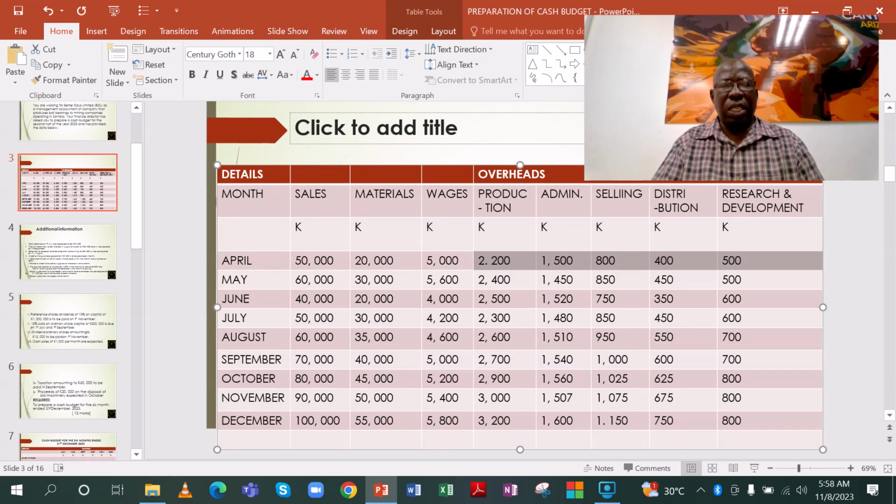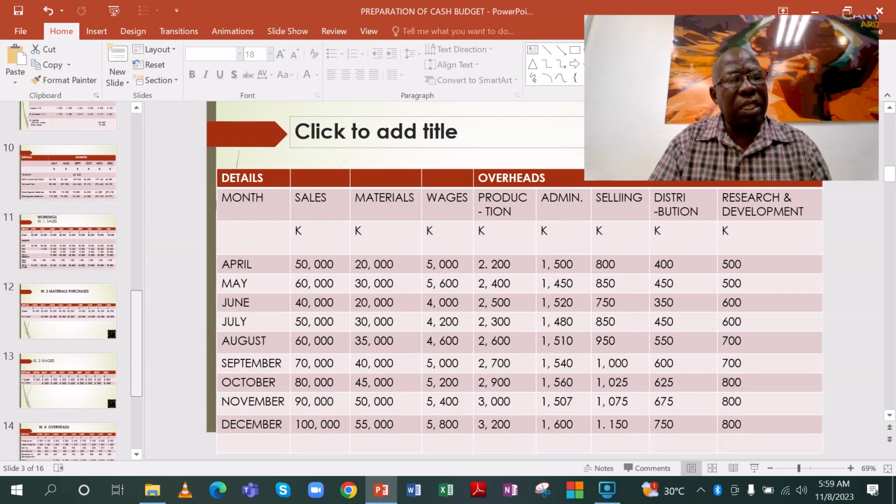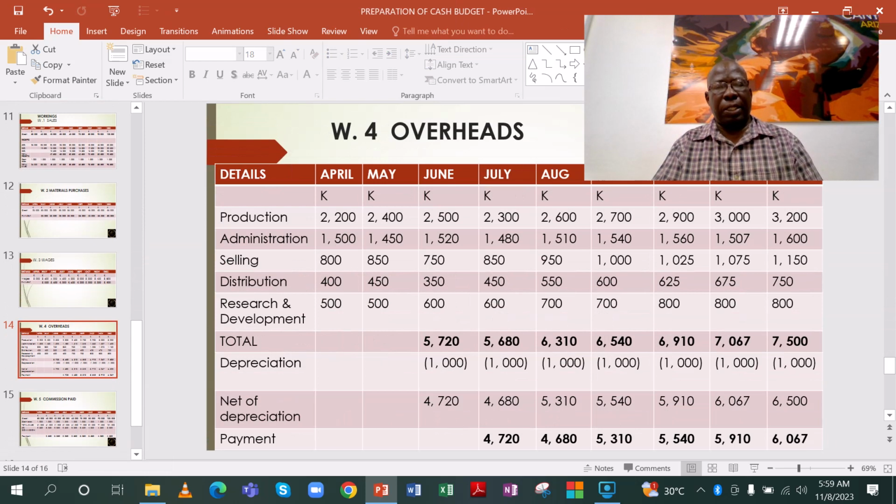In May, there will be total overheads adding these values. In June, there will be total overheads adding these values. So there's need for a working to that. So that's what you look at. This is the overheads.